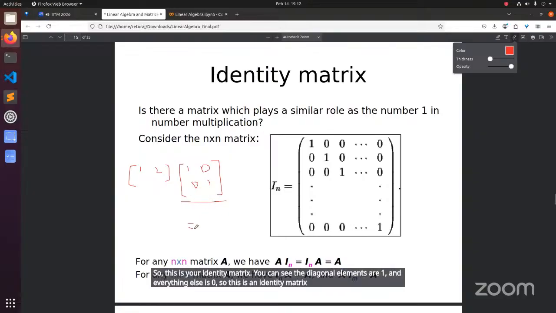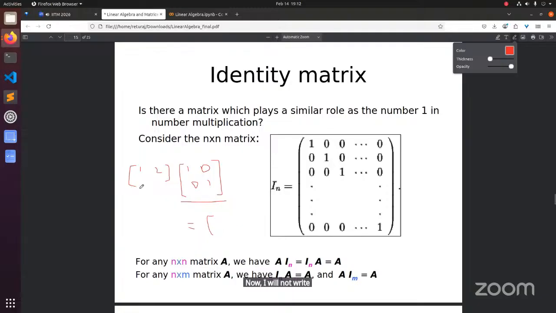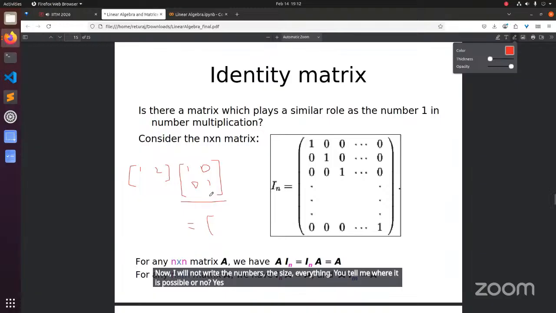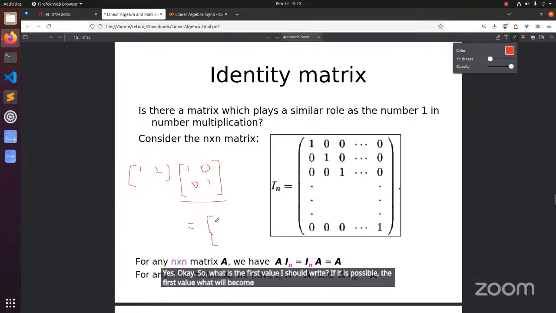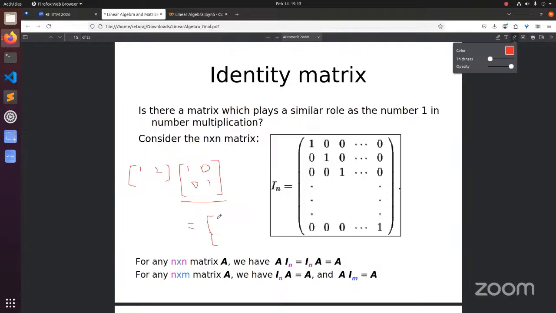And the answer would be, first, is the matrix multiplication possible? Now I will not write the numbers, the size, everything. You tell me whether it is possible or not. Yes, sir, possible. So what is the first value I should write? So 1 into 1 plus 2 into 0, so it becomes 1.